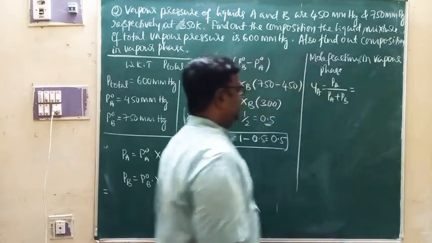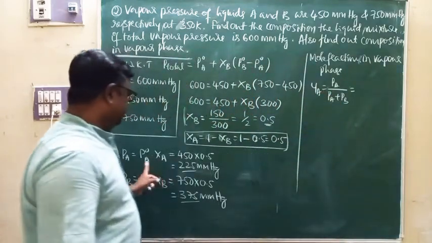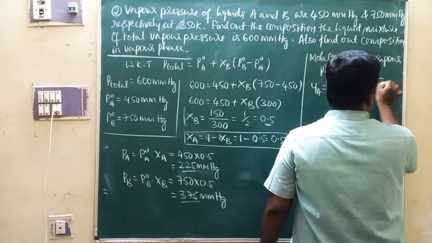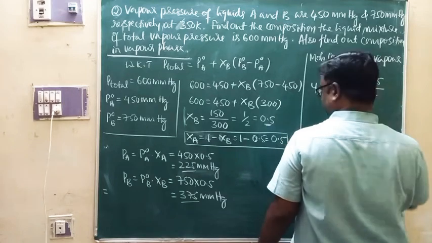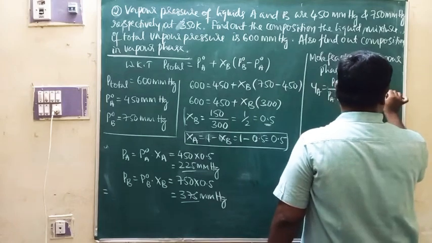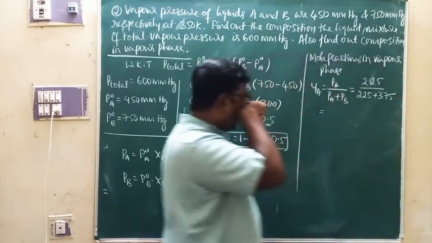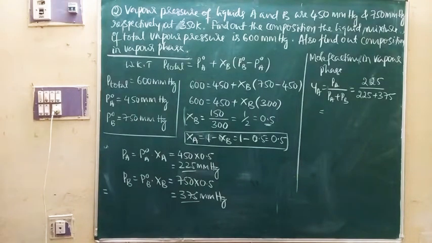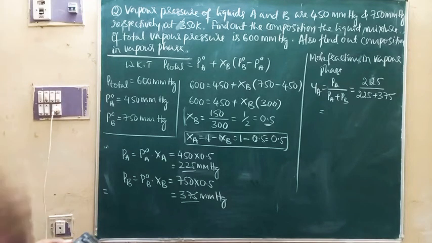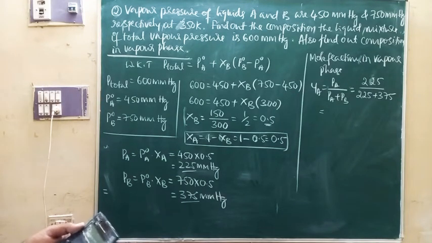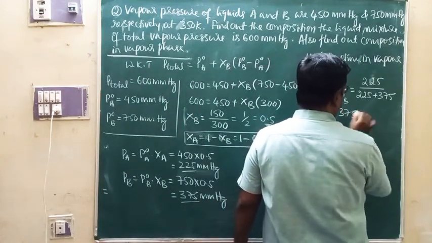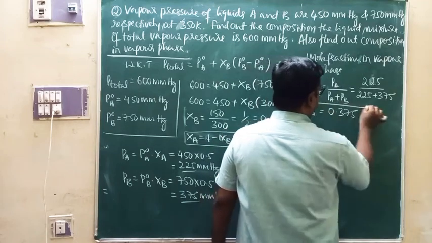You know PA you calculated, that is 225, divided by 225 plus PB, 375, that is 225 divided by 225 plus 375, which is 600. It comes out to be 0.375. That's the mole fraction of component A in vapor phase.